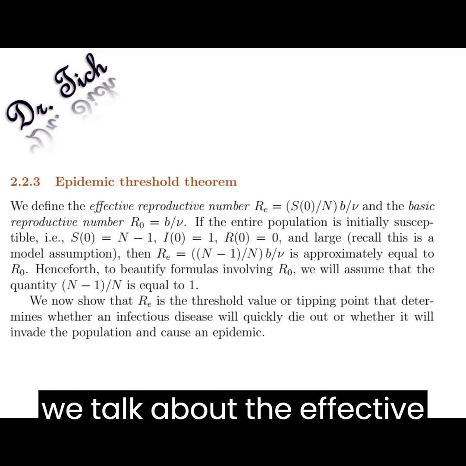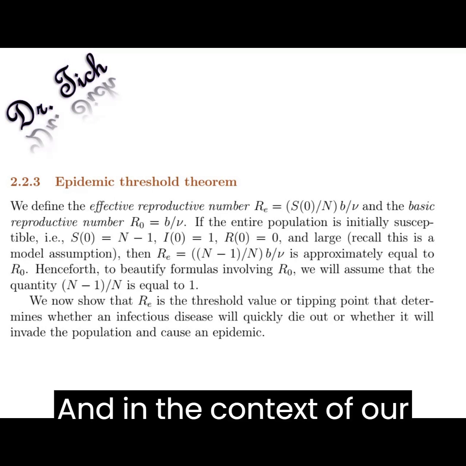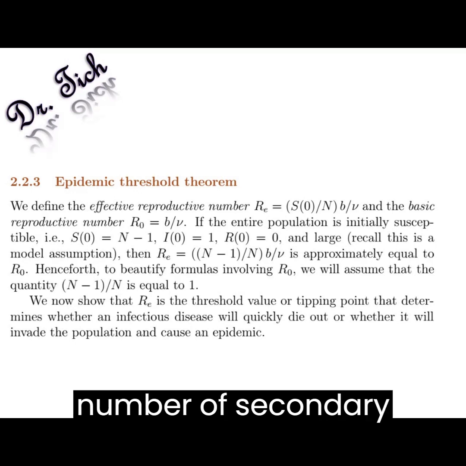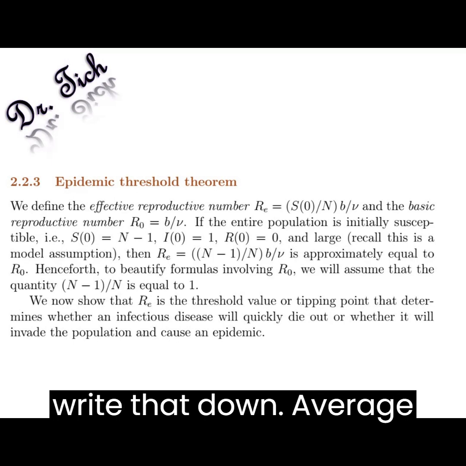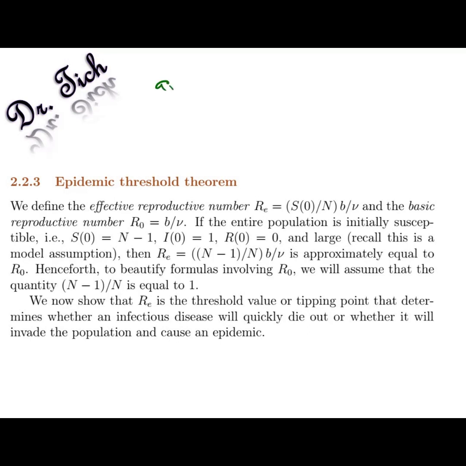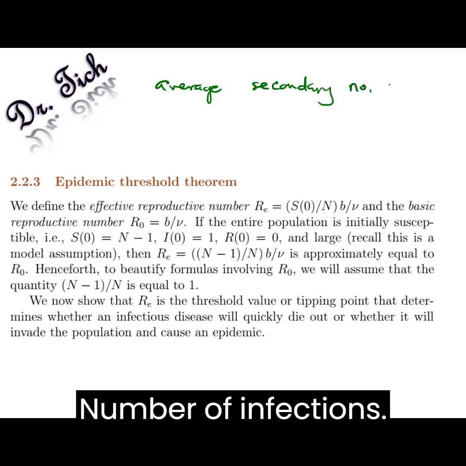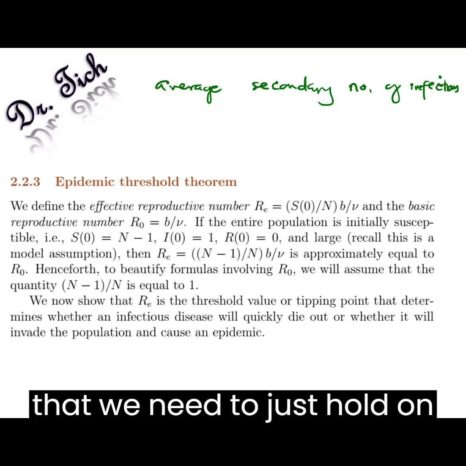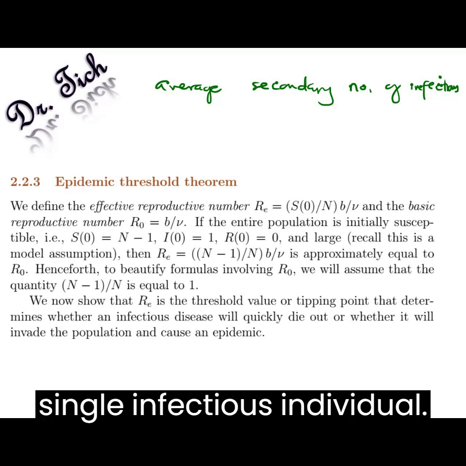When we talk about the effective reproductive number in the context of our disease transmission model, we are specifically referring to the average secondary number of infections produced by a single infectious individual.